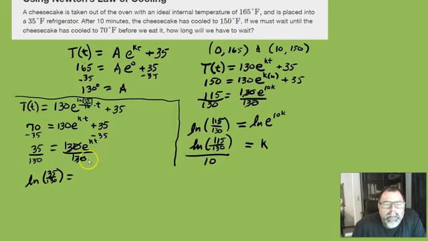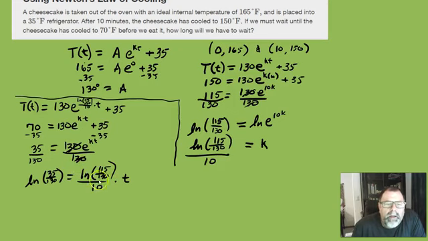So ln and e cancel each other, and then we get the k, which is this number. So I'm going to go ahead and write it. So ln of 115 over 130 divided by 10 times t, which we're solving for.